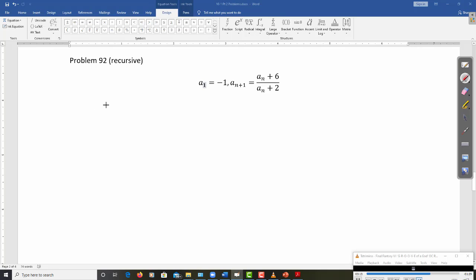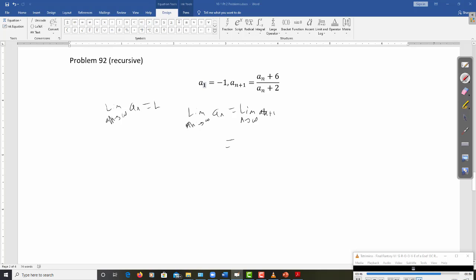Because you can say, okay, limit as n goes to infinity of a sub n equals L. So that means the limit as n goes to infinity of a sub n is the same as the limit as n goes to infinity of a sub n plus 1. You're just skipping the first term.